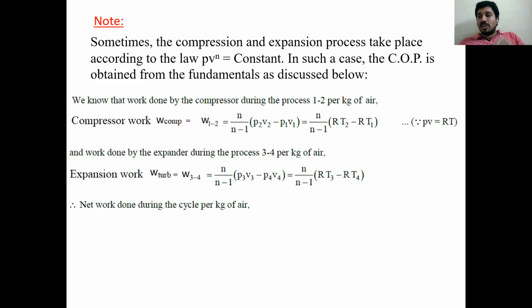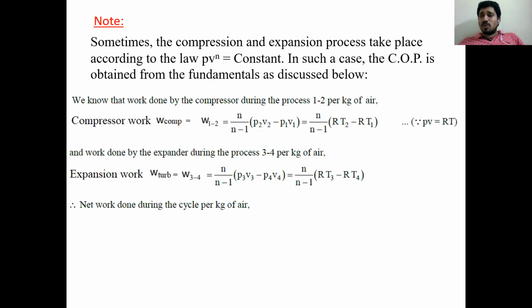Capital V divided by mass gives specific volume, so PV is equal to RT. Now that equation can be written as N by N minus 1 times RT2 minus RT1, where R is the characteristic gas constant, which is constant for air. So RT2 minus RT1 from that equation. So that is the compression work.